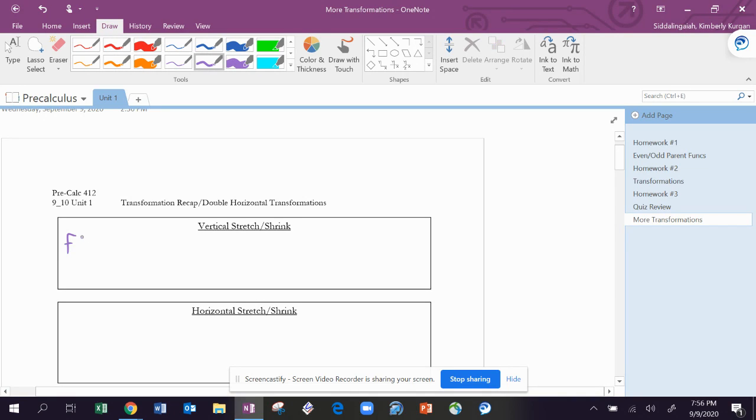So if I have 2 times f of x, that is a vertical stretch by 2.